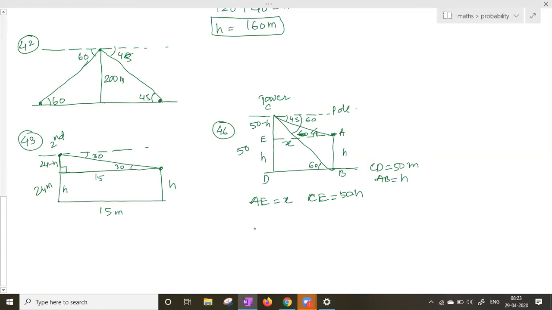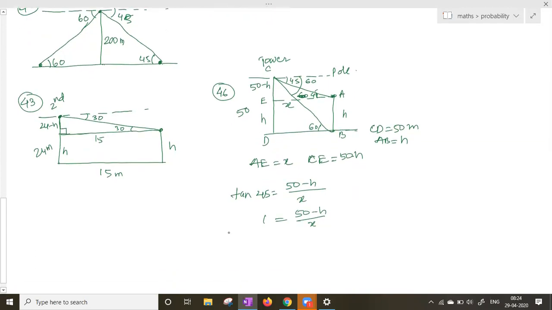And then find out tan 45. Tan 45 is equal to opposite by adjacent, 50 minus h by x. 1 is equal to 50 minus h by x. x is equal to 50 minus h. Now the bigger triangle, tan 60 is equal to CE, fully 50, divided by base x.